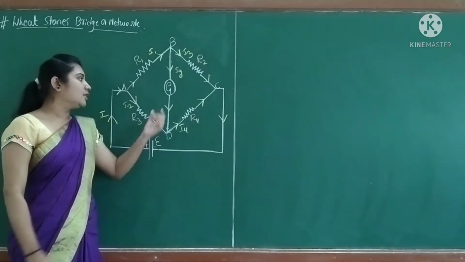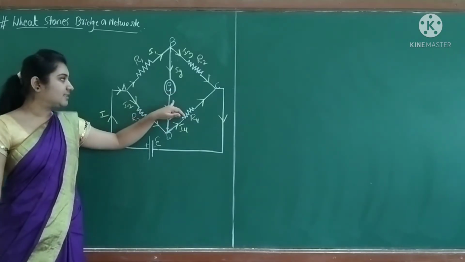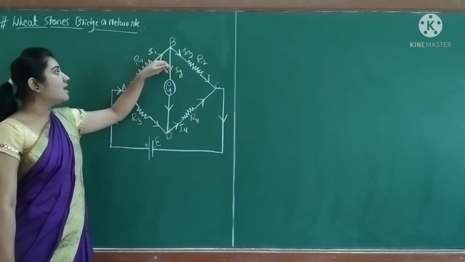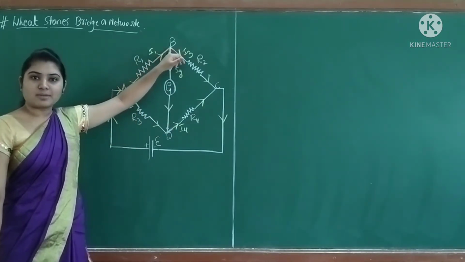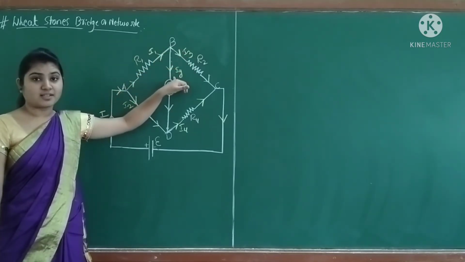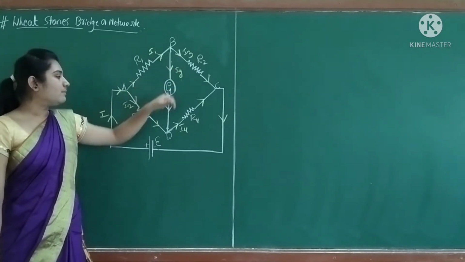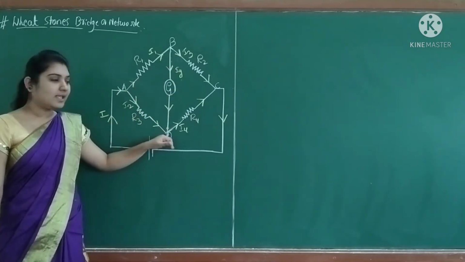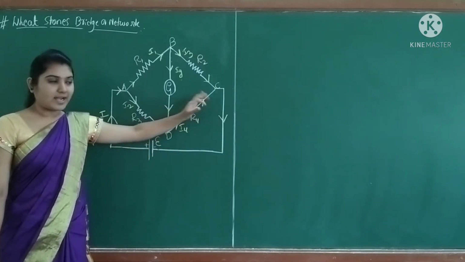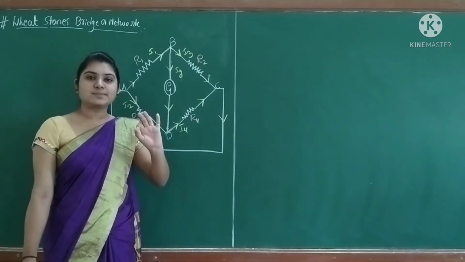We connect the galvanometer, so current must pass through it, because after I1 reaches point B, it splits again: one is I3 and the other is IG. G means the current through the galvanometer. So it will pass and meet at point D and again go as current I4. So this is about the construction of the Wheatstone's bridge.